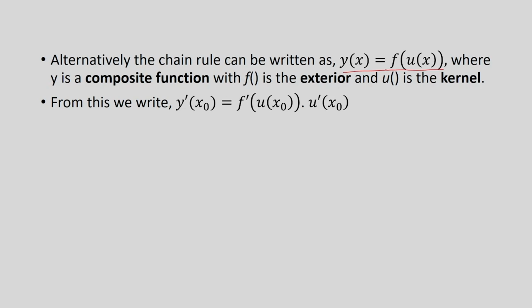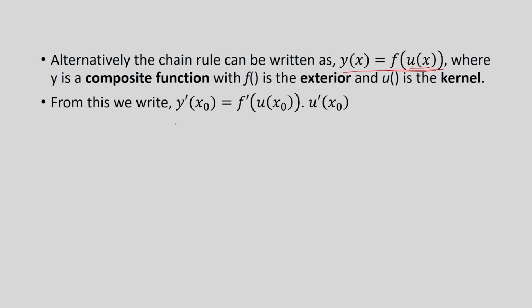So, I write this as a function of a function, where y is a composite function with f as the exterior and u as the kernel. Kernel means something which is inside, and f is that function which is outside. So, you have basically two functions fused together.